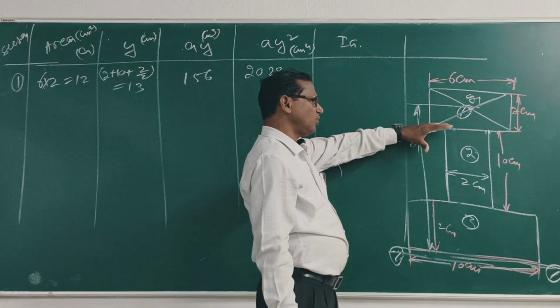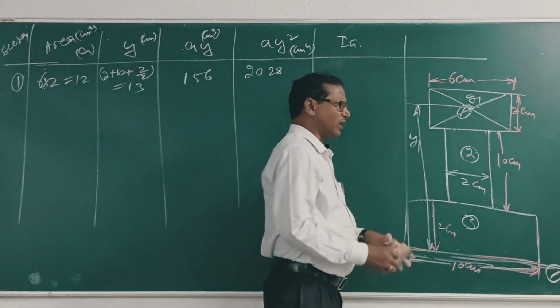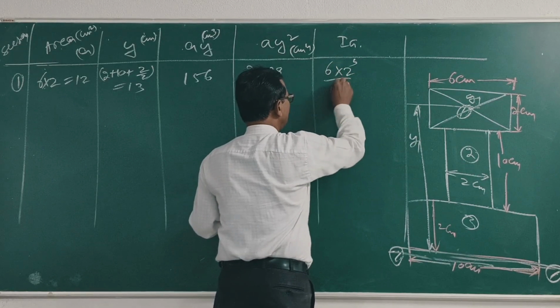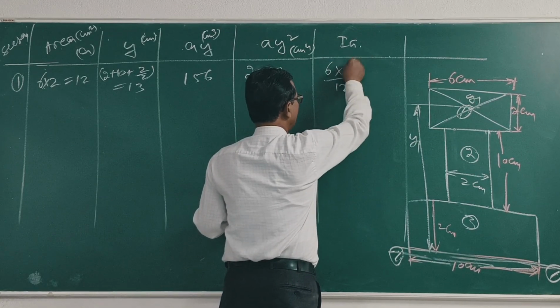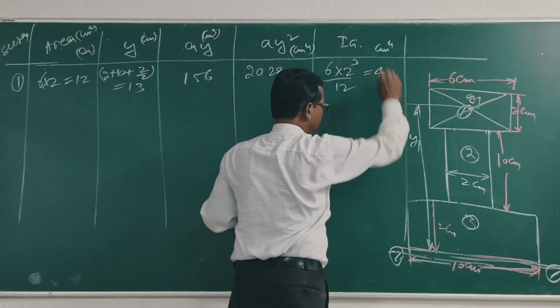What is I G equal to? b d cubed by 12, 6 into 2 cubed by 12. Okay, 4 cm fourth.